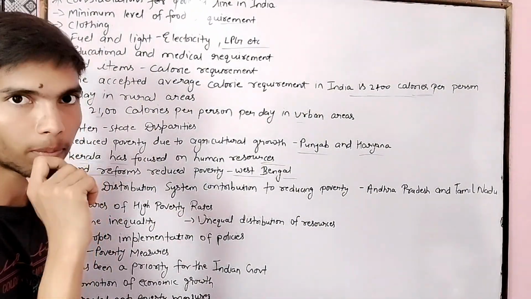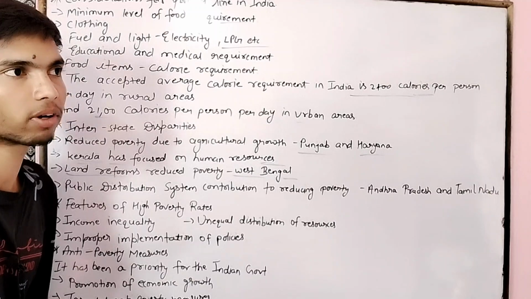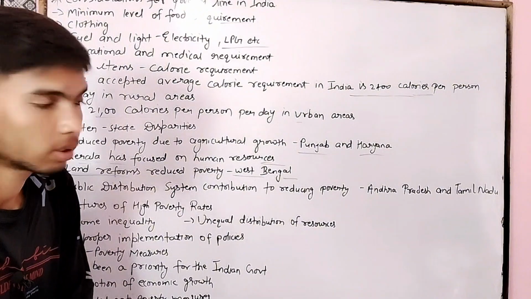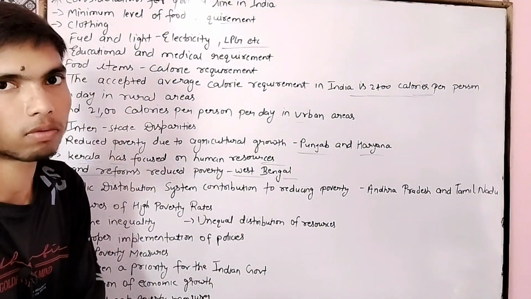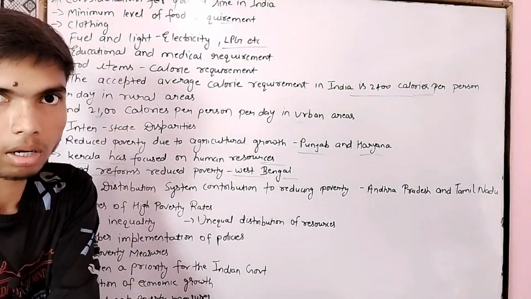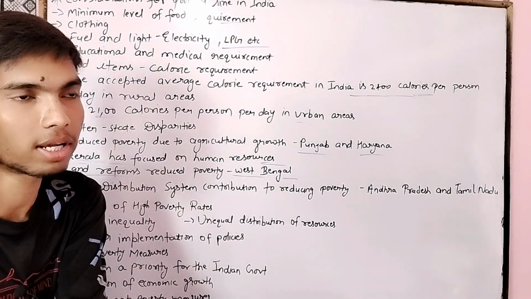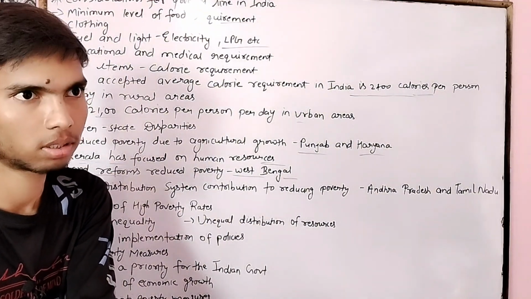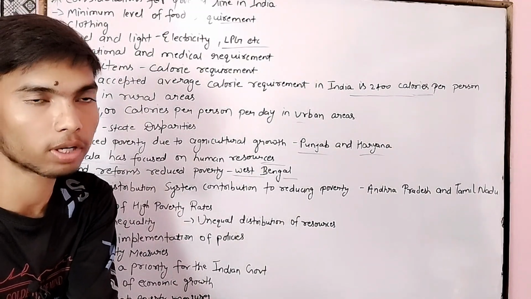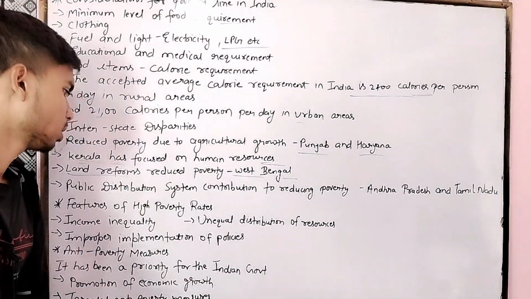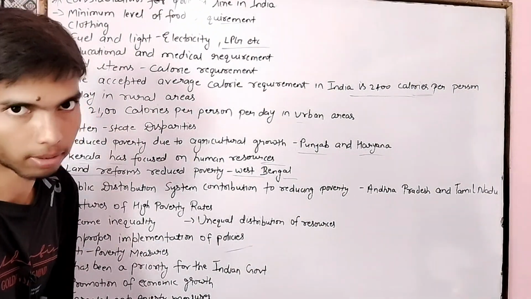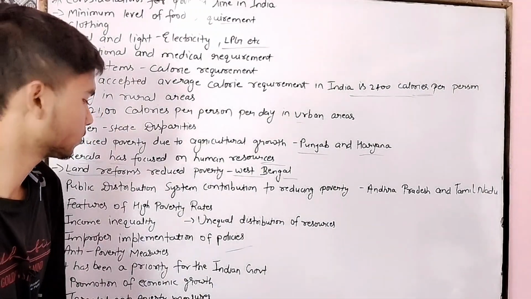Improper implementation of policies is another feature. Our government will make a policy for the public. If the implementation of policies is improper, then the work of the policy will be disordered, and it should be improved by the government.